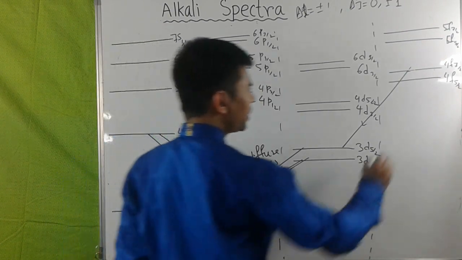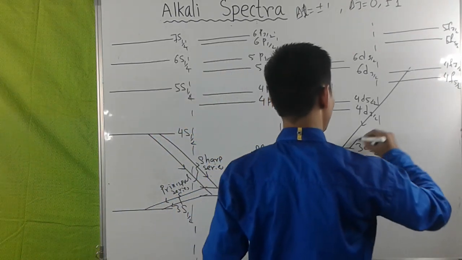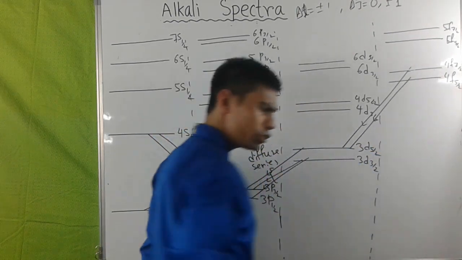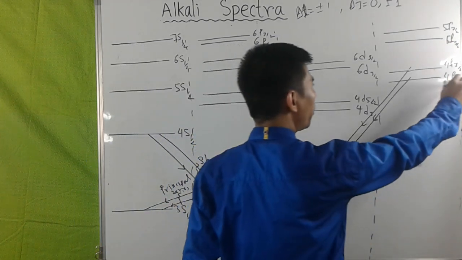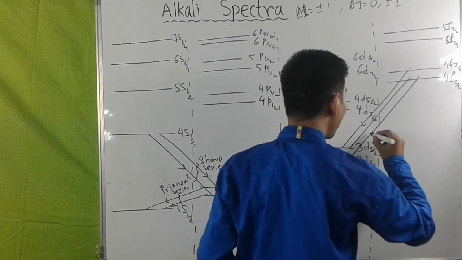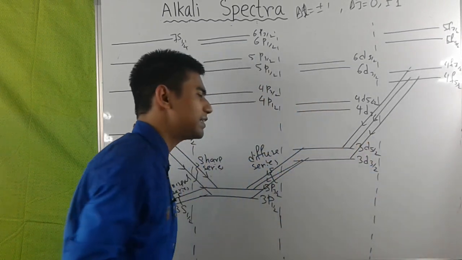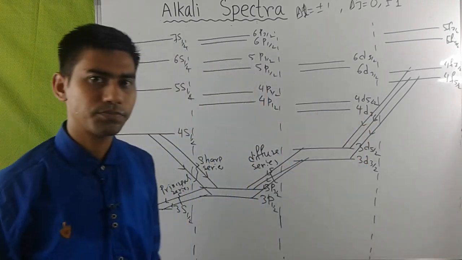Now the transition from the 4f 5/2 level to the 3d 5/2 level also gives rise to a spectral line, and the transition from the 4f 5/2 level to the 3d 3/2 level gives rise to a spectral line. Okay, so there are three allowed transitions.